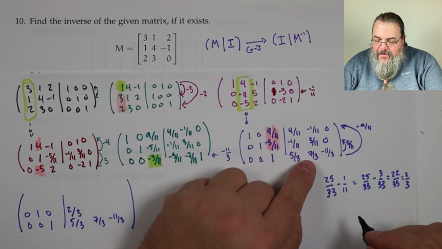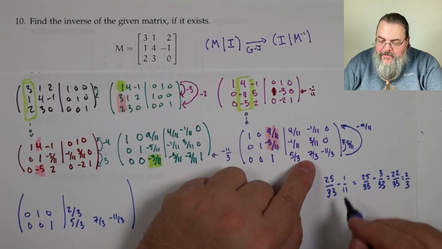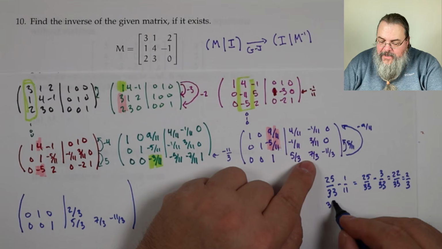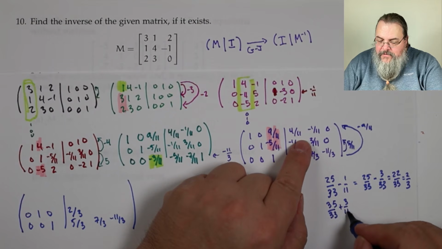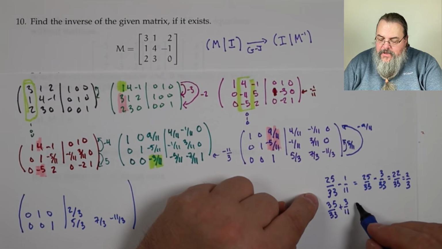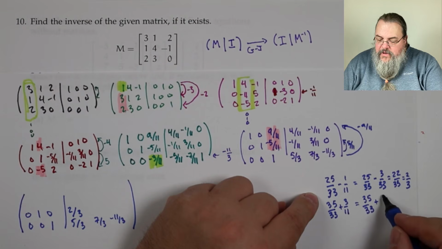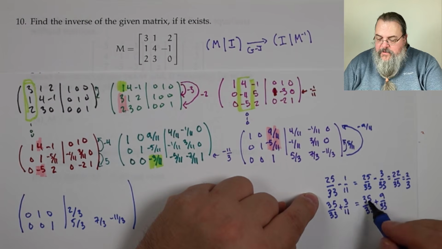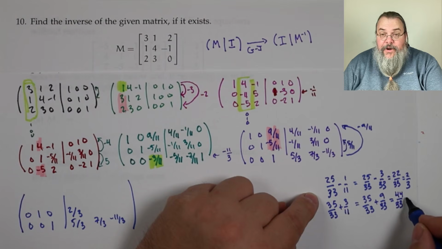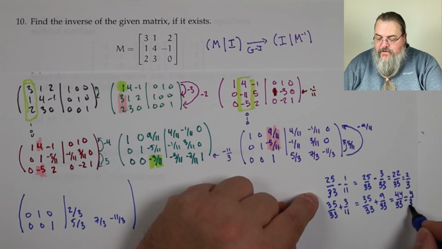Okay, next. 7/3 times 5 over 11. That's 35 over 33. Add 3 over 11. Well, okay, that's 35 over 33 plus 9 over 33, get a common denominator, which makes 35 plus 9 is 44 over 33, also known as 4/3.